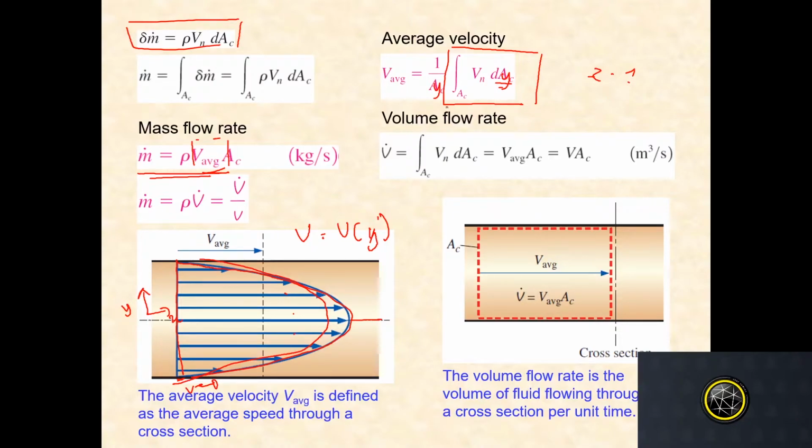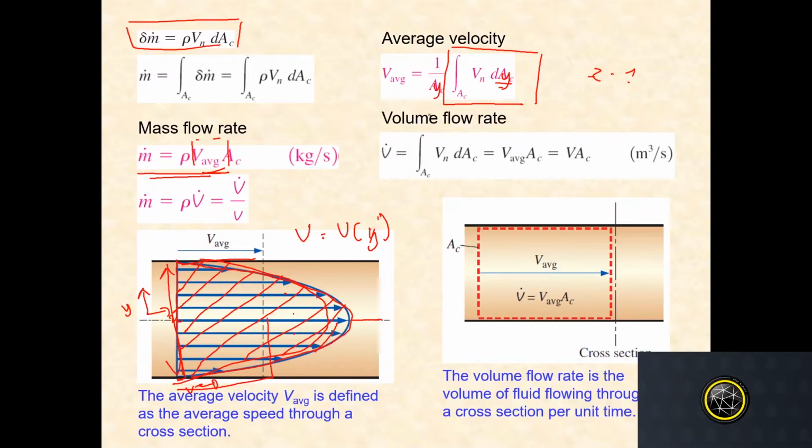Okay, so what you have to do is, first we have this velocity profile. From the integration, basically what we are going to obtain is the area under the graph. Then you just need to divide by the area, or in this case by y, and you get the average velocity. Basically, this is how you find the average velocity.